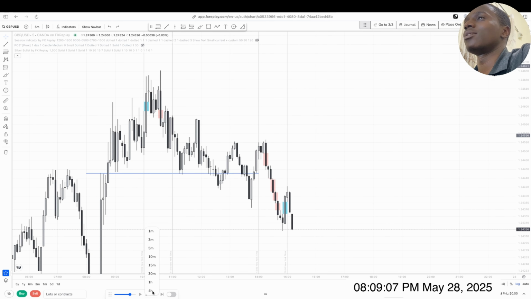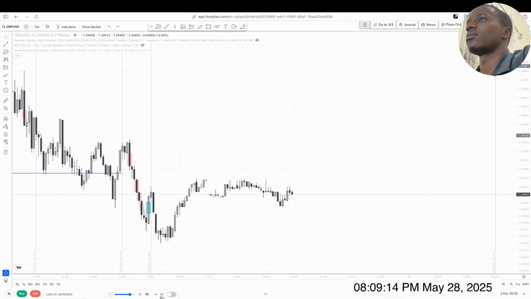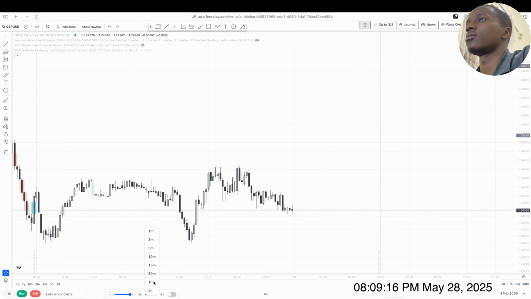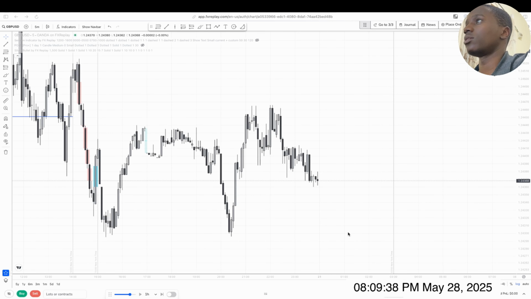So let's go to the next session, which is in a few hours. And here we get a retest of this fair value gap, some relatively equal lows. So there's liquidity right here.